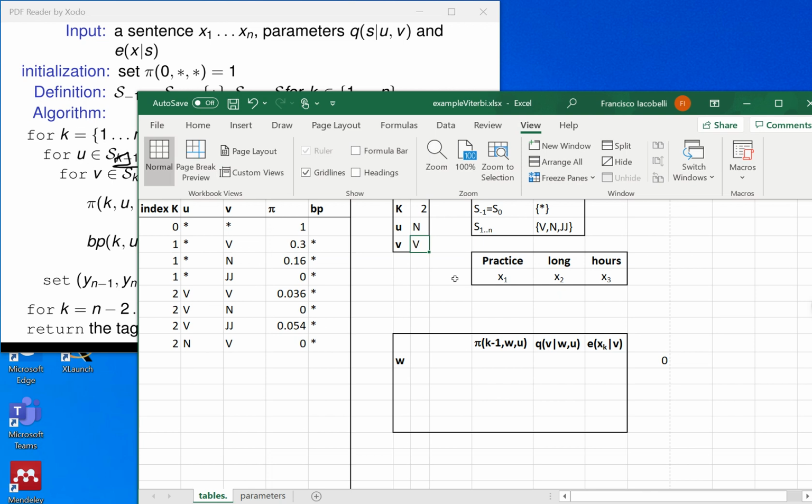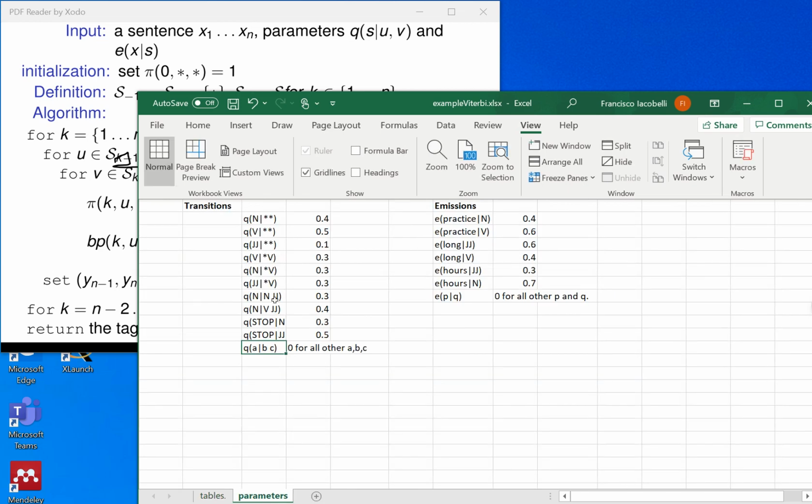V increases and it's now N. W is still looping through S0, so it's a star. And here we're looking for pi of 1 star N. And 1 star N is still 0.16. Q of V, which is N, given WU, which is N, would be Q of N star N. Let's see if we see it.